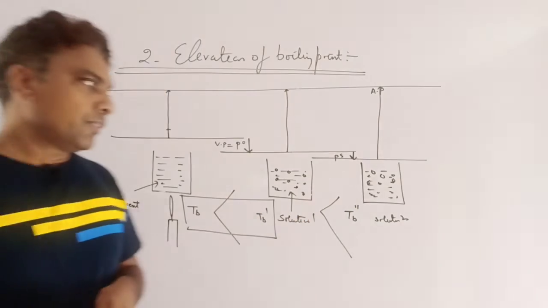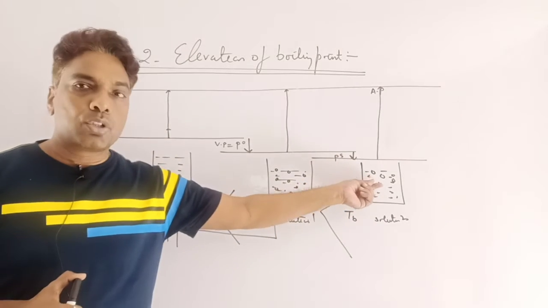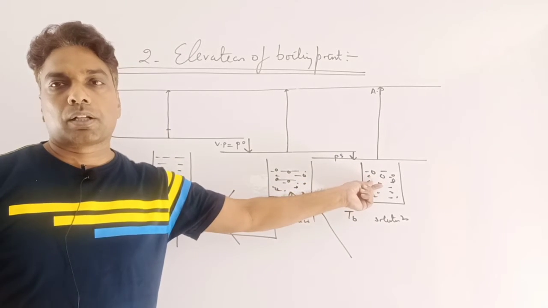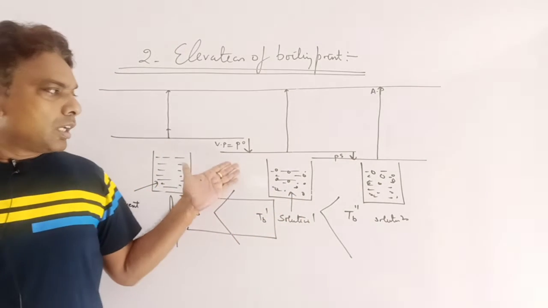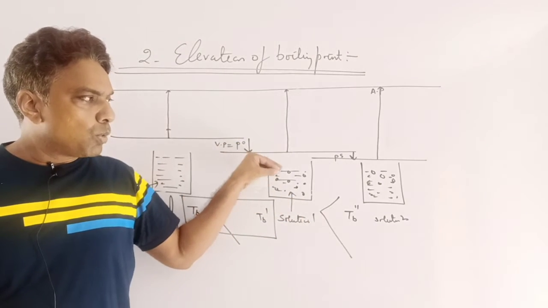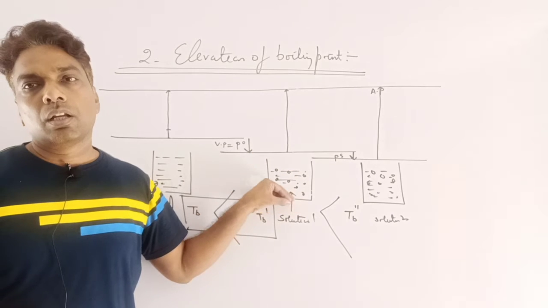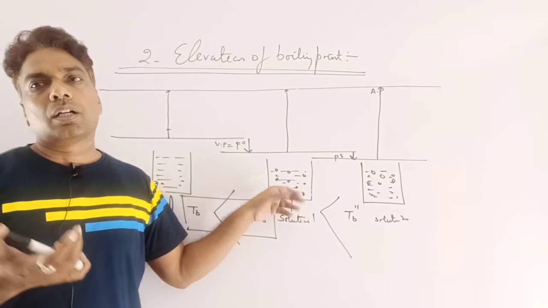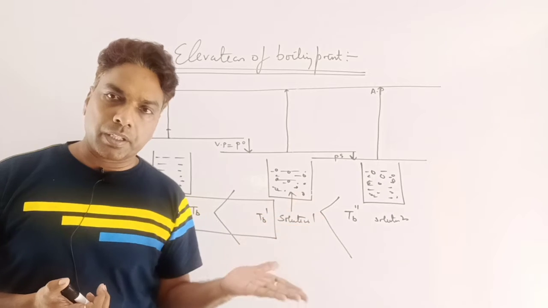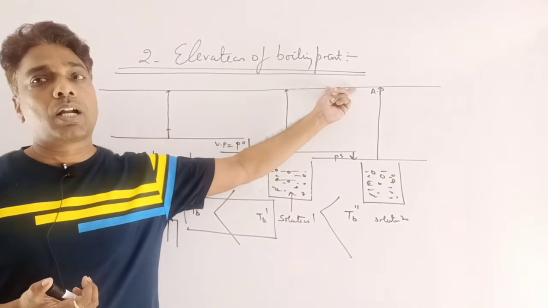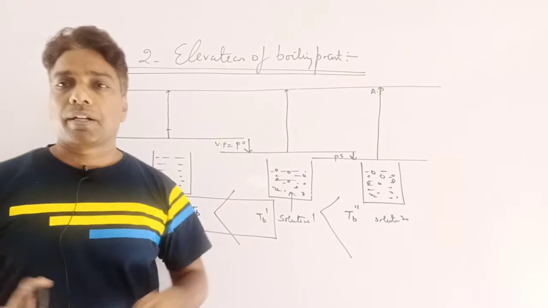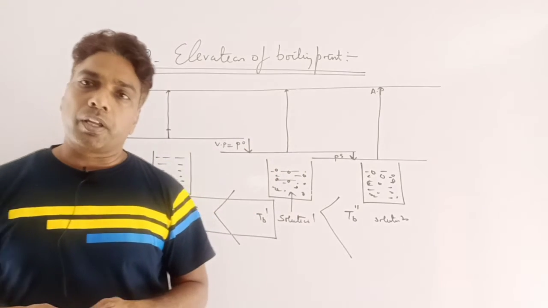Why? Since solution 2 contains more solute particles compared to solution 1. So as we mix more and more solute in the pure solvent, the vapor pressure decreases, and this decreased vapor pressure reaches atmospheric pressure at a higher temperature. So the boiling point will increase.